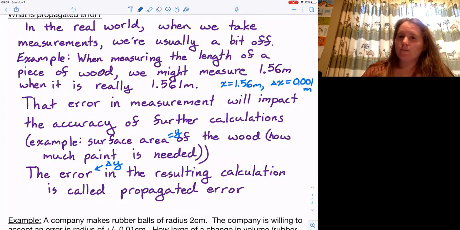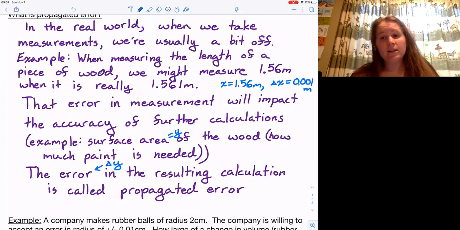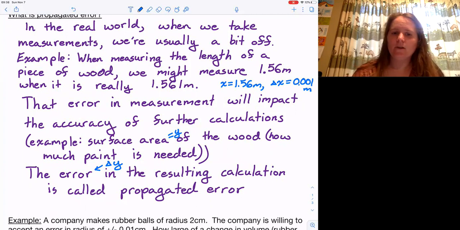Right? Because we would really need the value at 1.561 meters for the length of the wood, but what we're going to calculate is the value at 1.56 meters. So we have a bit of an error there.